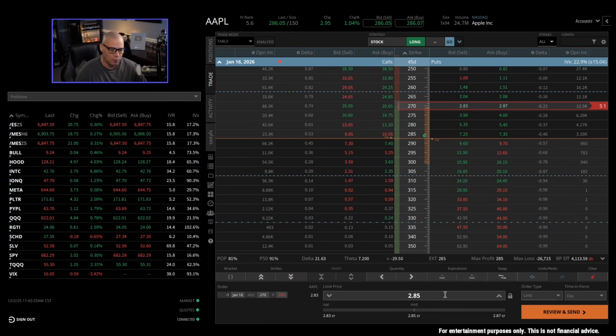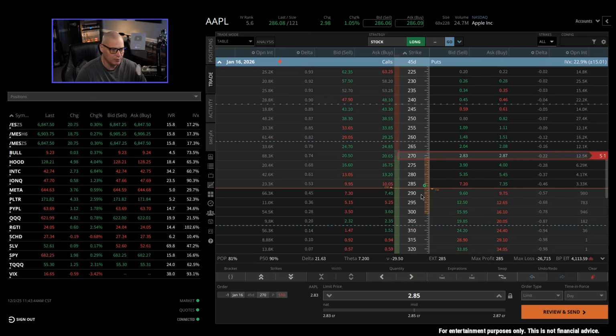Now, why is this? Why am I being forced to have this $4,100 in my account for a trade that I'm getting paid for, right? I'm receiving a credit of $284 on the trade. Why do I have to have this money in my account? It's because this trade, even though it's a credit trade, has real risk. What happens when this trade goes against me? What happens when Apple falls in a big way?